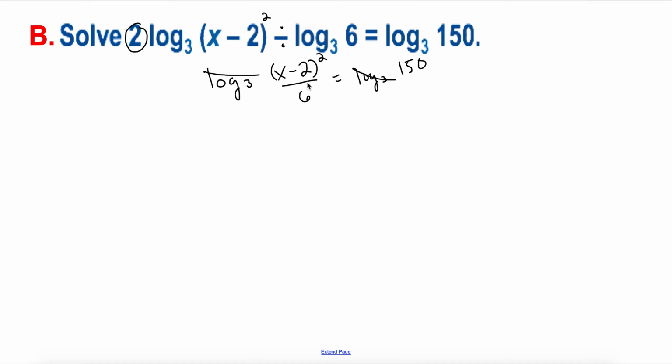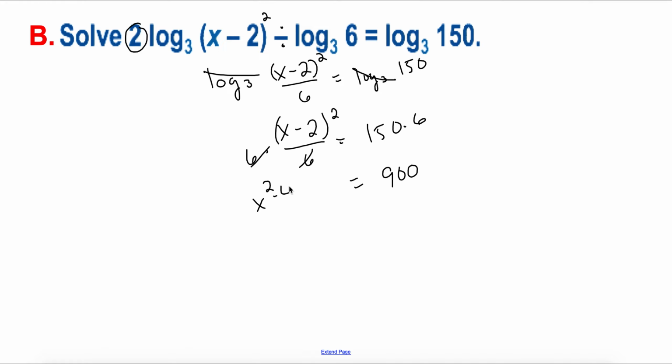And now we have this equals 150, and right here you want to get that 6 out of the bottom. So let's rewrite that out. Take both sides times 6 to get rid of that in the denominator. So 150 times 6 is 900. And we're just going to FOIL this one out right here while we're working through this.